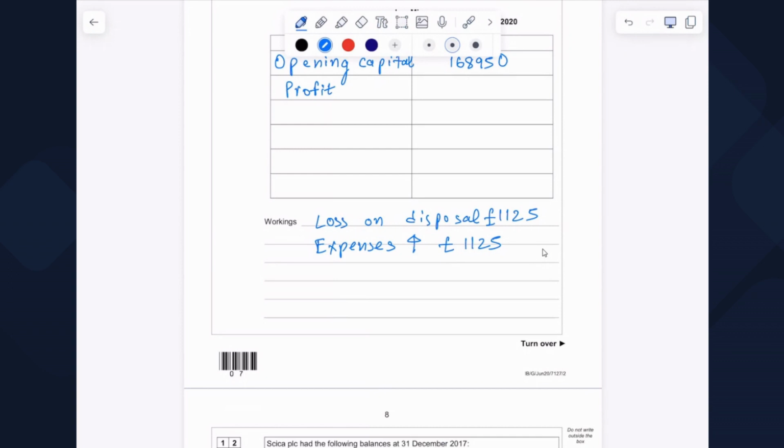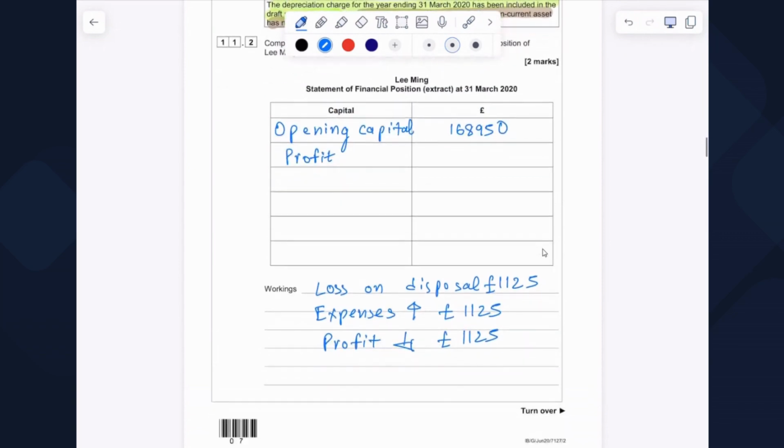So if expenses go up, that would result in a reduction of my profit by £1,125. Again, think about it, everyone. It makes sense. If the expenses of the business are increasing, then that would reduce your profit. So the profit is going down by £1,125.